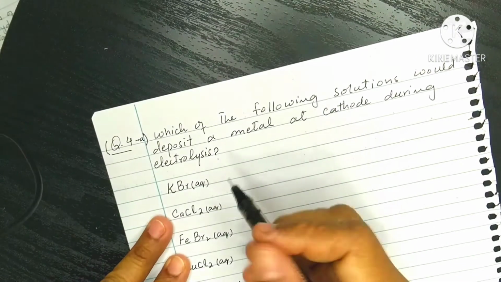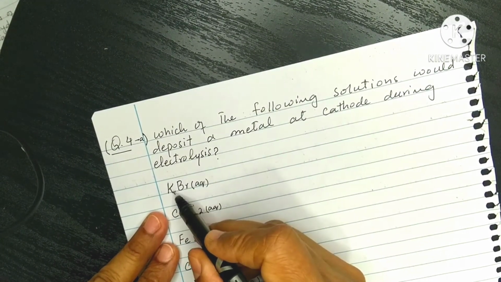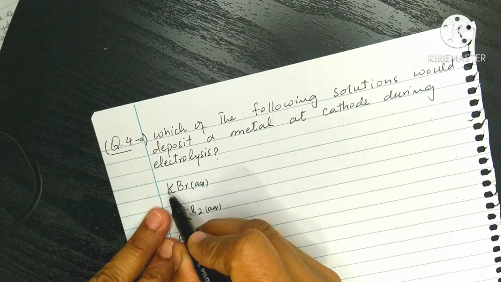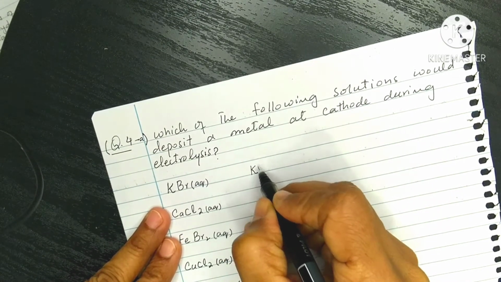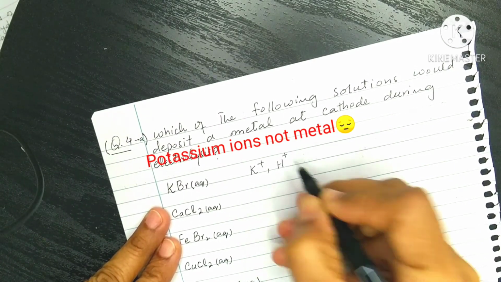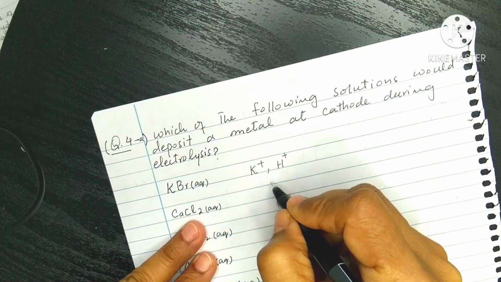At the time of the electrolysis, there are positive ions from the compound as well as positive ions from the water. In the case of potassium bromide, we have potassium ions and hydrogen ions at the cathode. Now, which will deposit at the cathode?